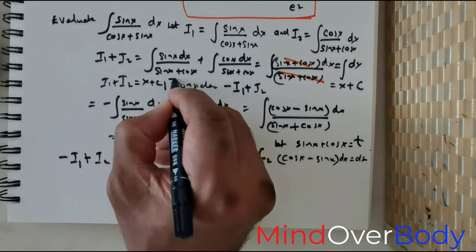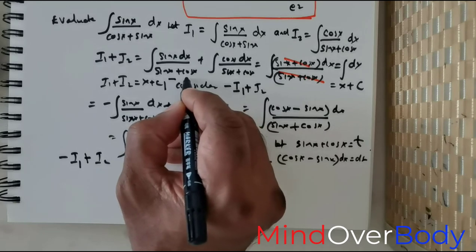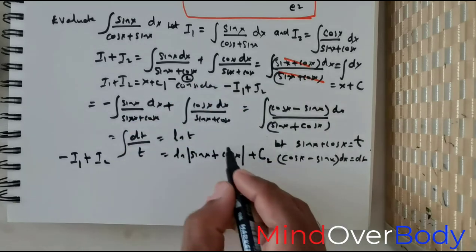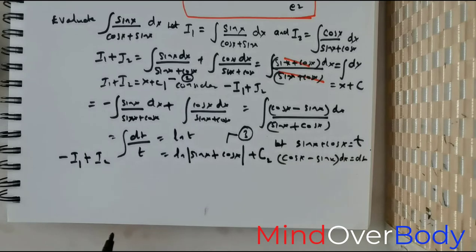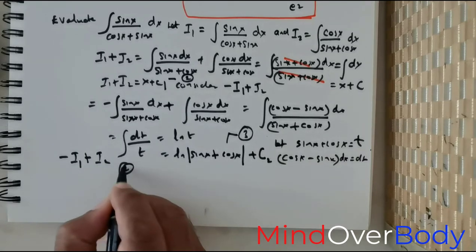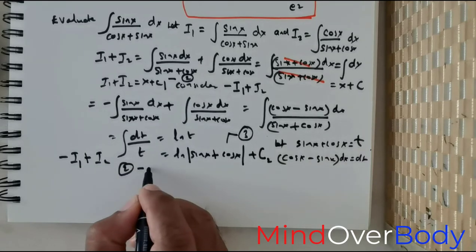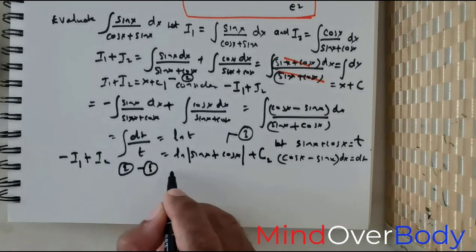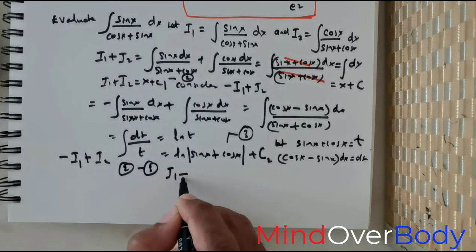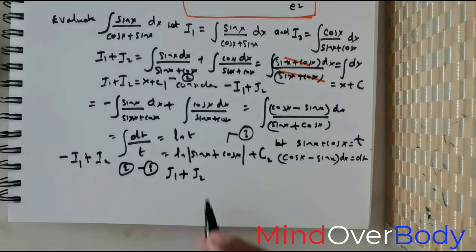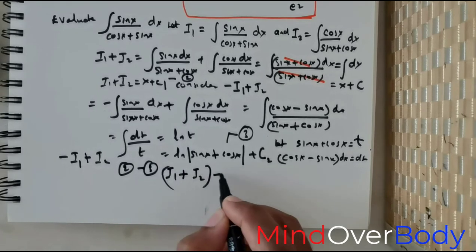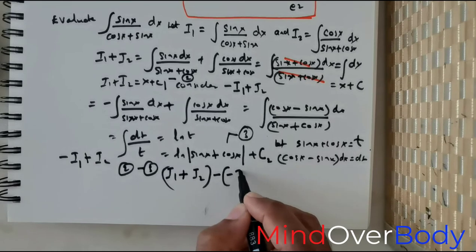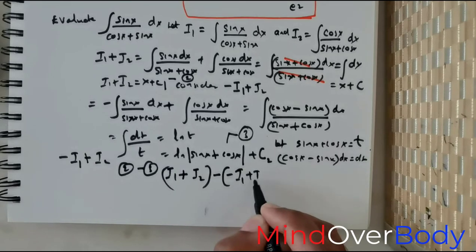Say if I take this as equation 2 and this as equation 3, I would have to subtract equation 2 minus equation 3. So the first one is going to be I1 + I2, followed by negative of (negative I1 + I2).